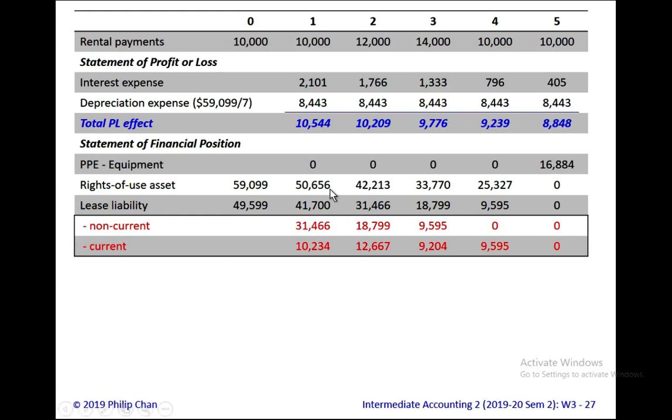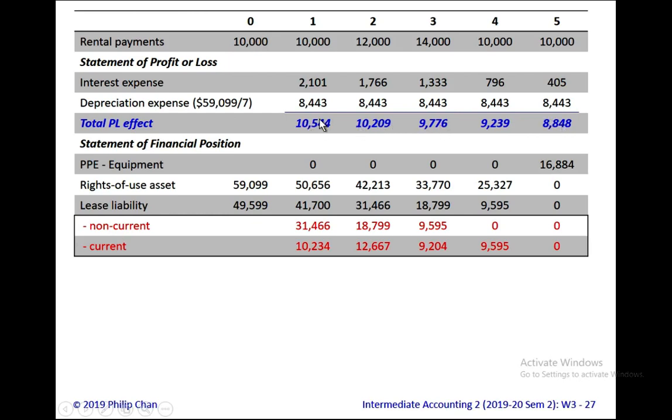Bad news number one. Some of you would then say, well, it's not that bad because we have bigger assets. Before that, we don't have an asset. Yes, indeed, we have an asset, but we also have high debts compared to equity. At the same time, we may also have a problem with our profitability ratios, because we tend to charge more expenses at the very beginning and less later in the lease term.